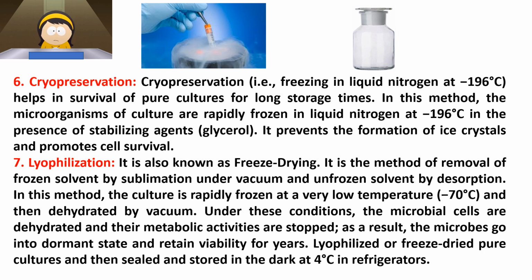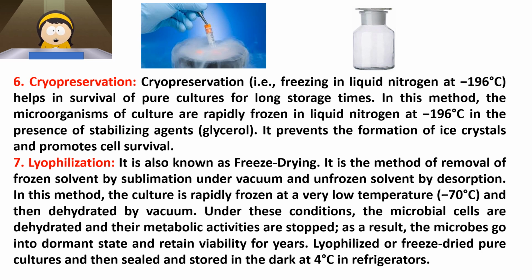7. Lyophilization. It is also known as freeze drying. It is the method of removal of frozen solvent by sublimation under vacuum, and unfrozen solvent by desorption. In this method, the culture is rapidly frozen at a very low temperature, -70 degrees Celsius, and then dehydrated by vacuum.